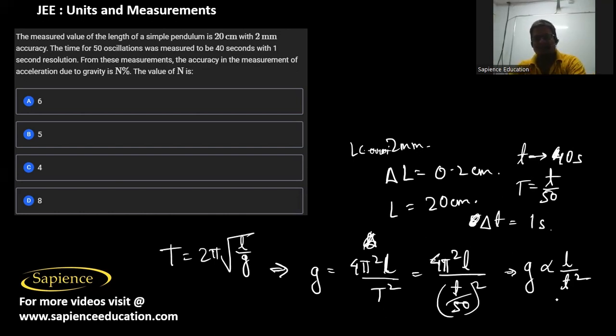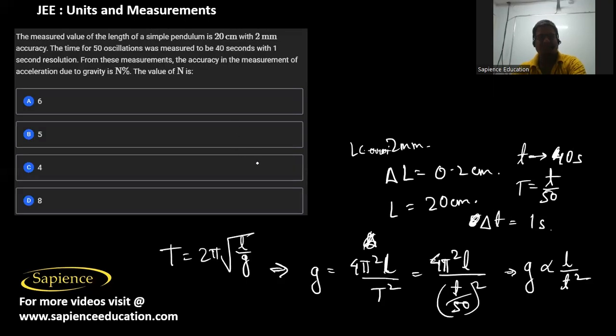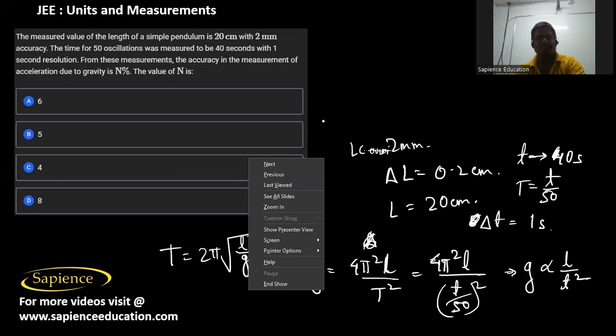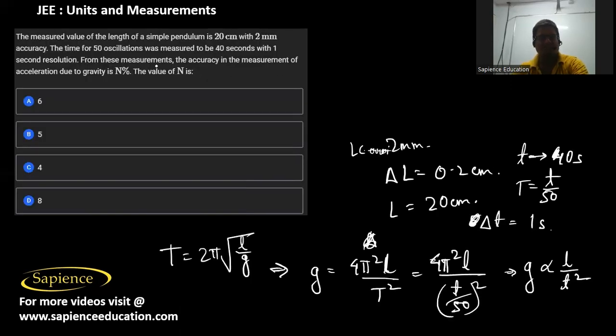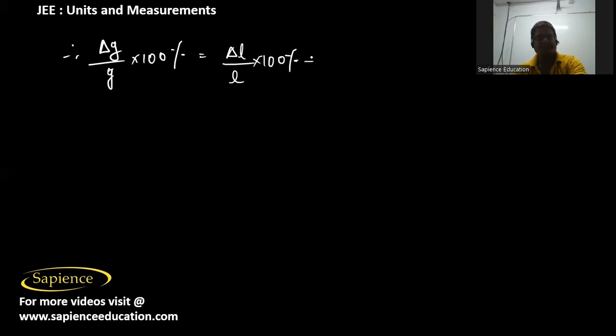So from here we can say that delta G by G into 100%, which is the percentage error in the value of G, will be equal to the percentage error in the measurement of the length, plus twice the percentage error in the measurement of time.